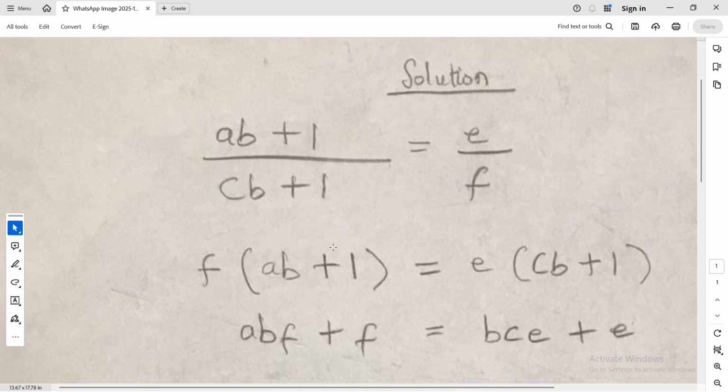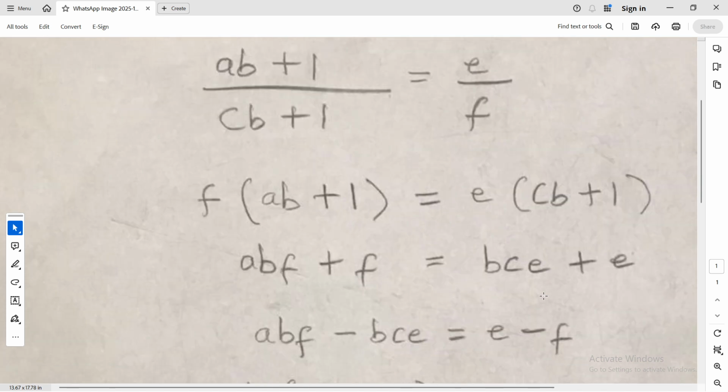F multiplying positive 1 would give us positive F. So we have ABF plus F equals, now E multiplying CB will give us BCE, in alphabetical order. E multiplying positive 1 will give us positive E. So we have our full equation to be ABF plus F equals BCE plus E, right?